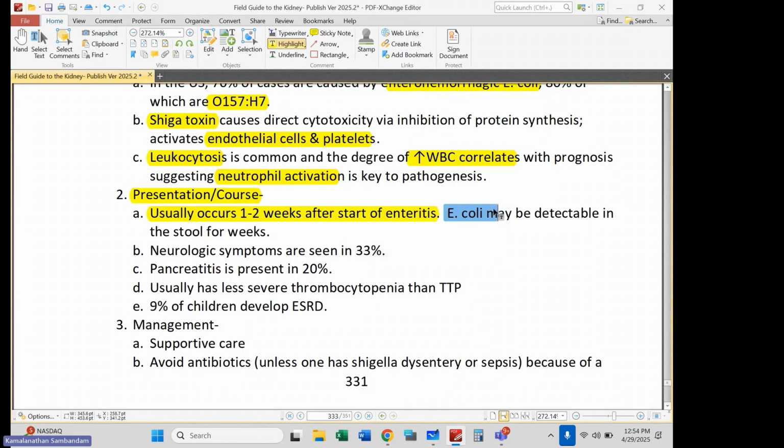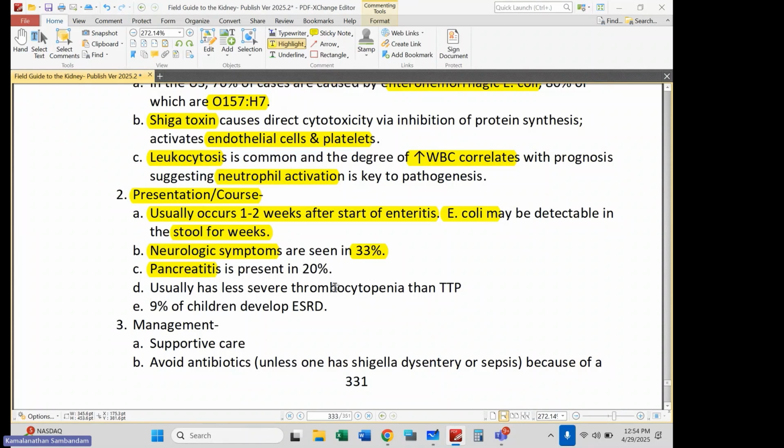This E. coli can be shed in the stool for weeks after the original infection. There's significant occurrence of neurologic symptoms in as much as a third of patients. You can also see other organ dysfunction, including pancreatitis.